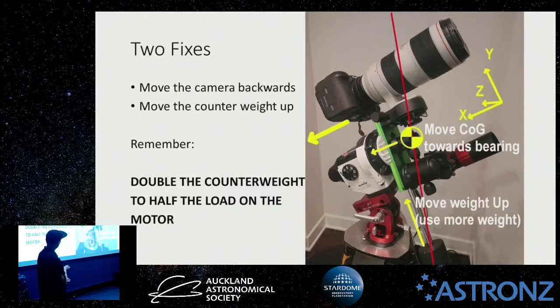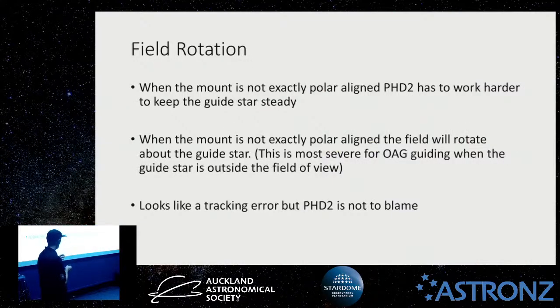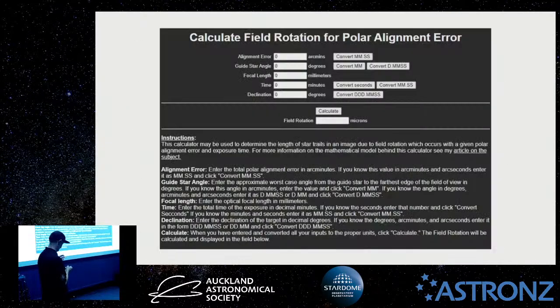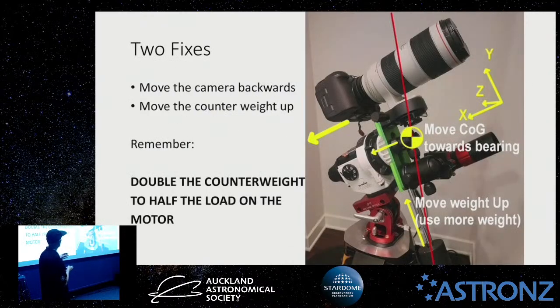This guy has a guide camera, which is unbalancing it in the X direction. So this is unbalanced in the X direction and the Z direction, although it is balanced in the Y direction.